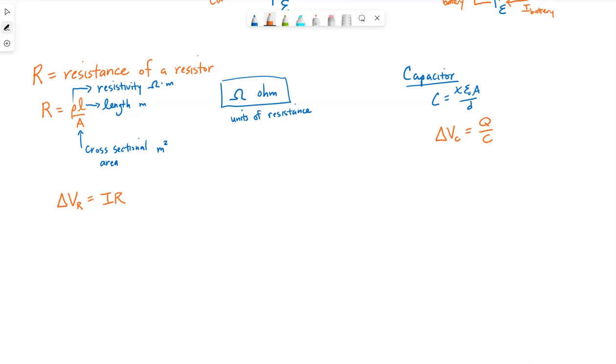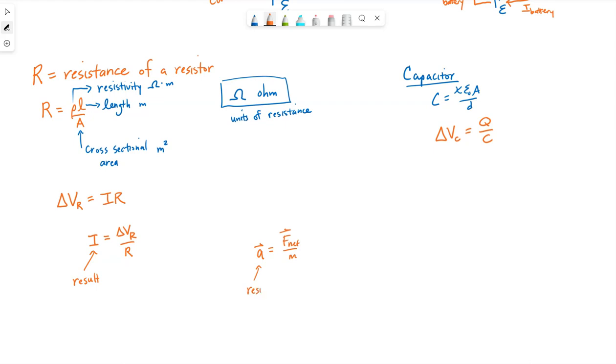Now, our author writes this initially this way. And the reason why is because the current is a result of having a potential difference applied to a circuit. So kind of like Newton's second law, the net force was equal to mass times acceleration. We originally write it as acceleration is net force over mass.